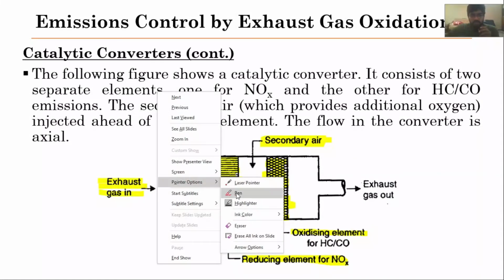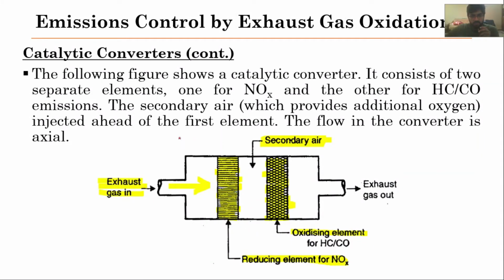these exhaust gases will consist of unburned hydrocarbons, carbon monoxides, and nitrogen oxides as well. But after passing through this, we will have unburned hydrocarbon, we will have carbon monoxide, and instead of NOx emission, we will have nitrogen molecules only.